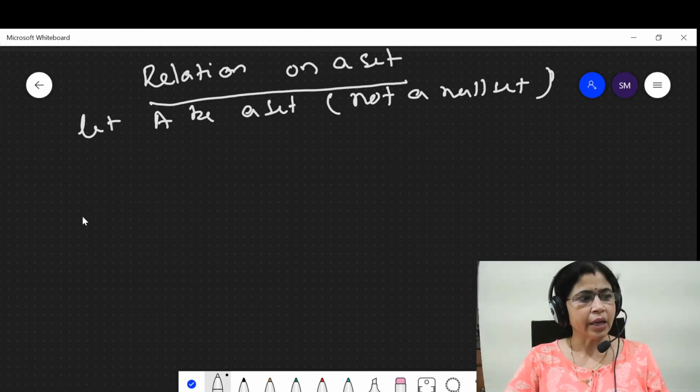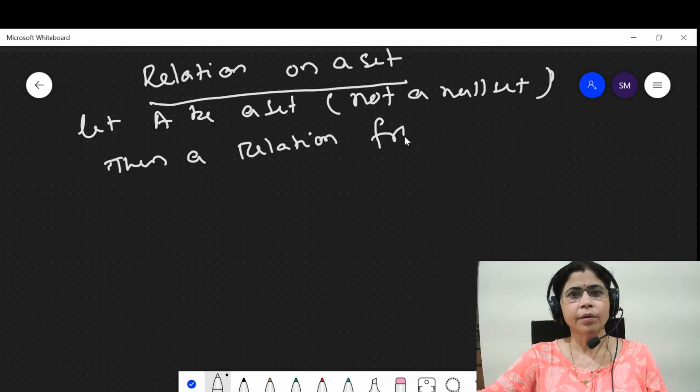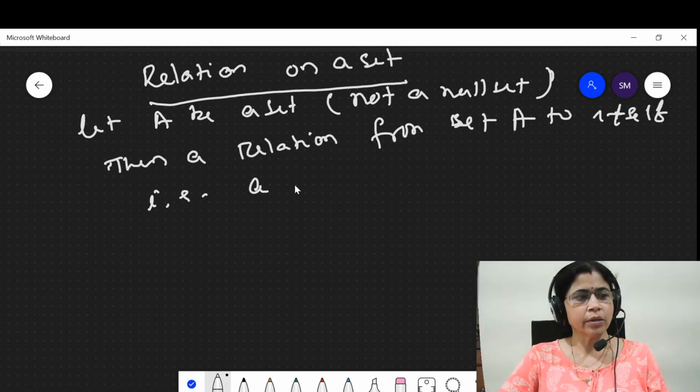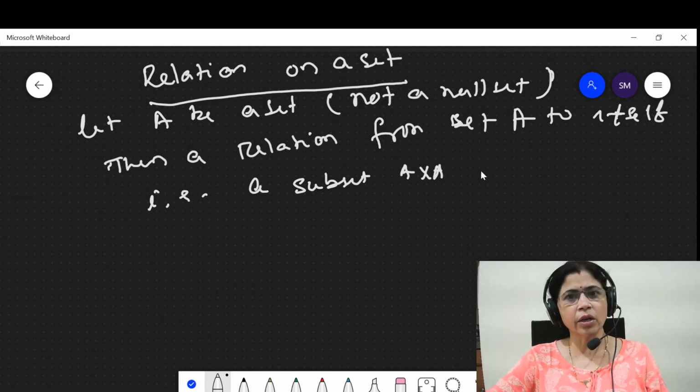Then a relation from set A to itself, a subset of A cross A is called a relation on a set.